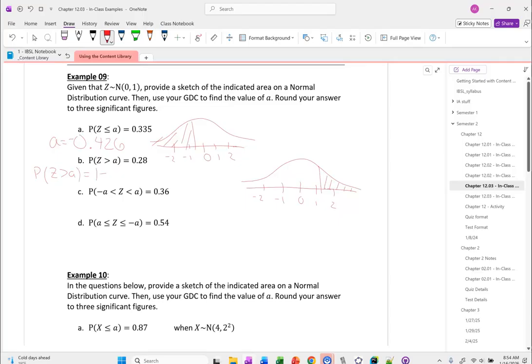You have to do 1 minus the probability of the statement. So 1 minus 0.28, which is 0.72. Okay, and that's what you need to do the inverse norm on.